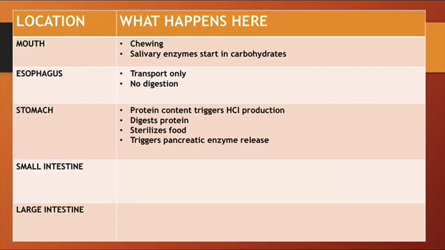But the other function that the hydrochloric acid serves us is the sterilization of food. And this is a really important thing, because what we know about people who have inadequate hydrochloric acid production is not only do they tend to suffer with protein maldigestion symptoms, I'll cover those in just a moment, but they also tend to acquire infections more readily, because part of hydrochloric acid's role in the gut is not just digestion, it is sterilization, and therefore hydrochloric acid production is part of your immune response, right?